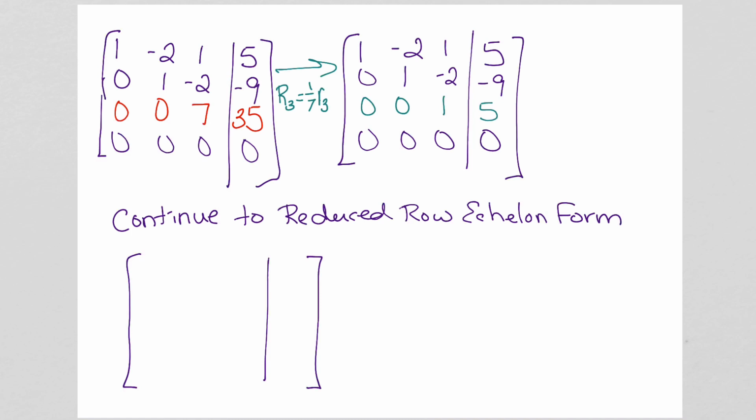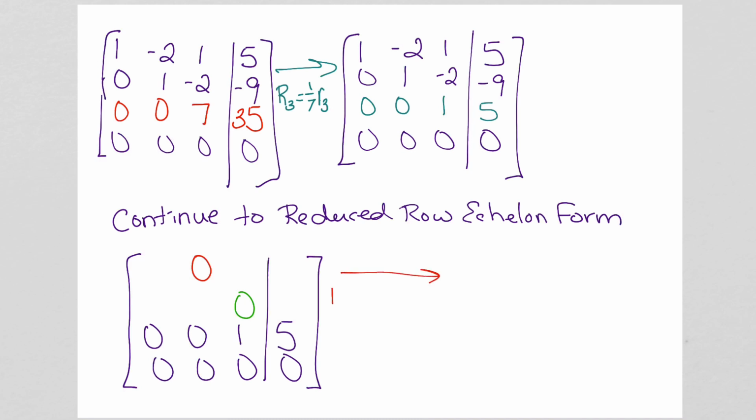So here we need a 0, and here we need a 0. So the third row, we're done with it, and of course the fourth stays just zeros. We could get rid of the fourth if we wanted to, but we'll just let it tag along.